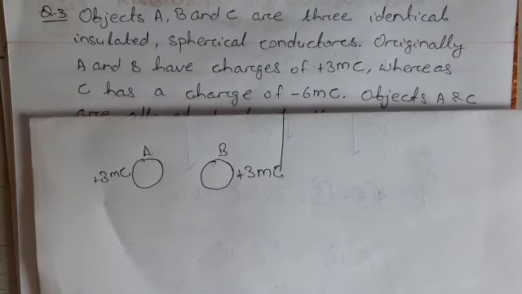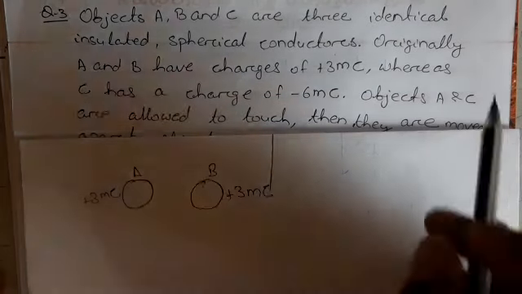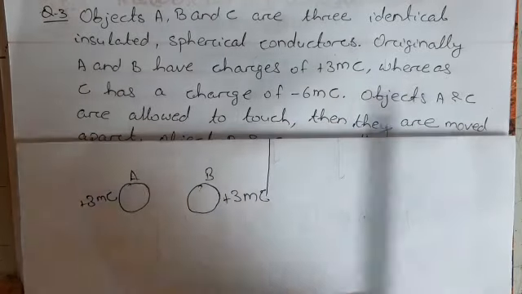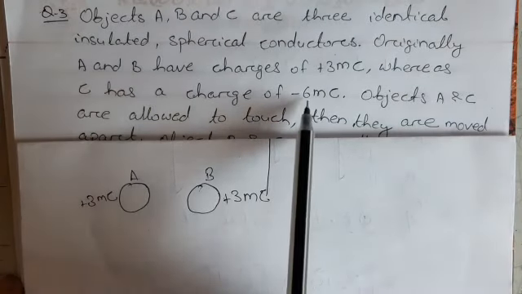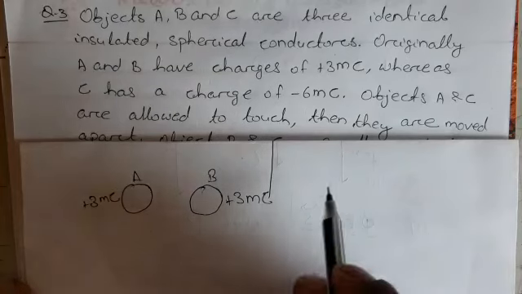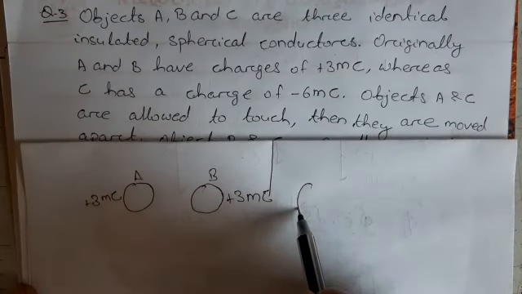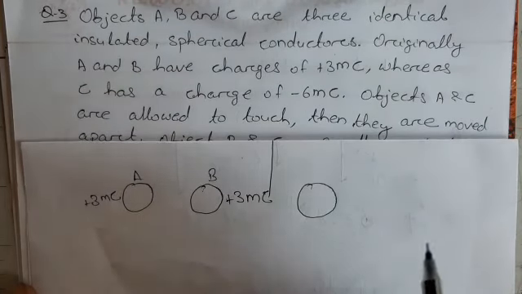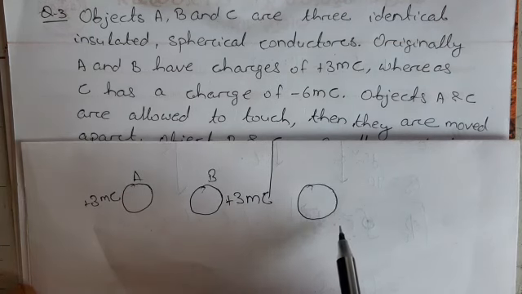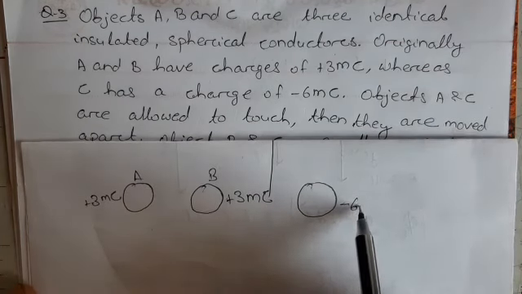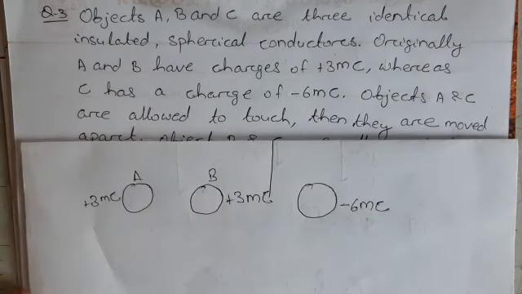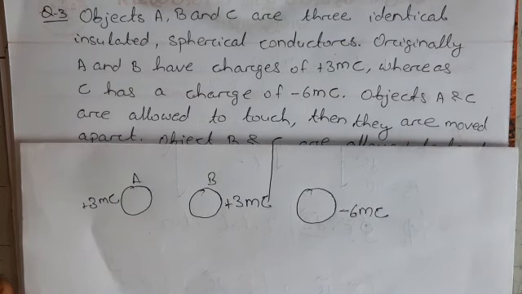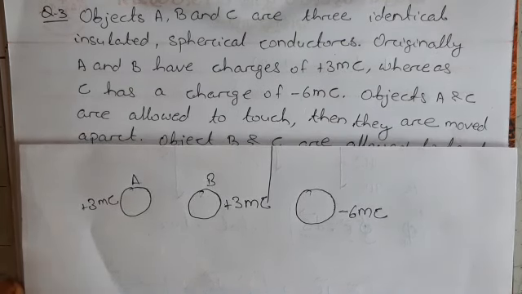These are the charges of A and B, whereas C has a charge of -6 millicoulomb. So I will take another body which has a charge of -6 millicoulomb.